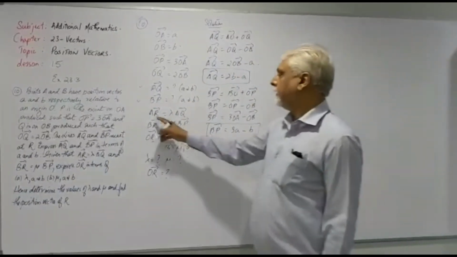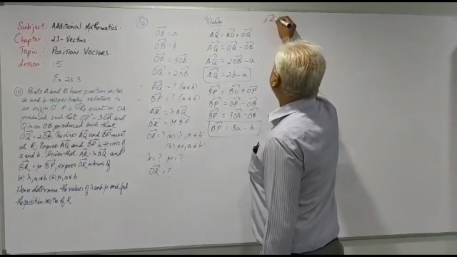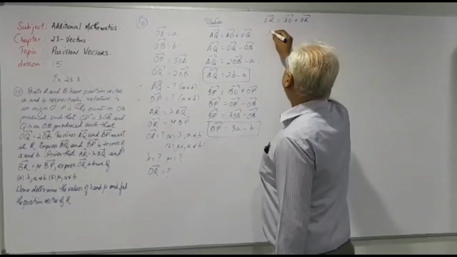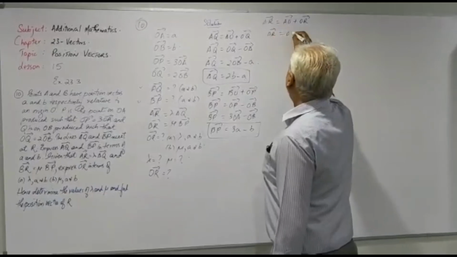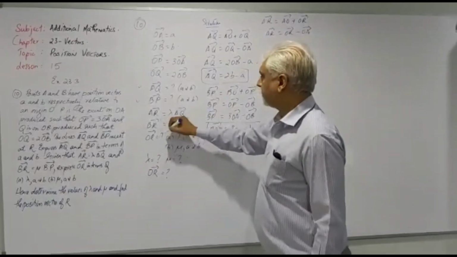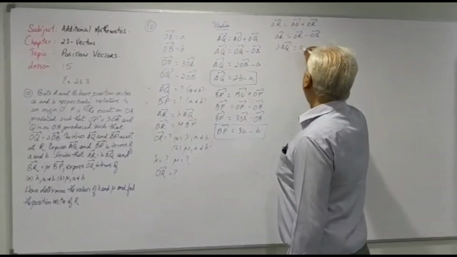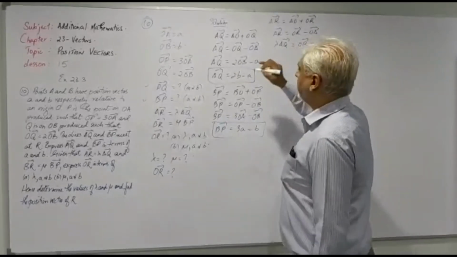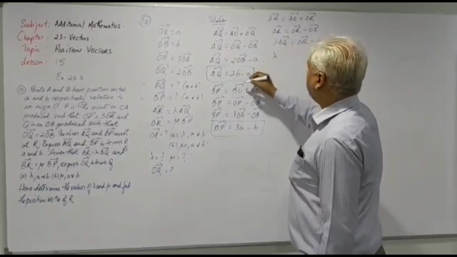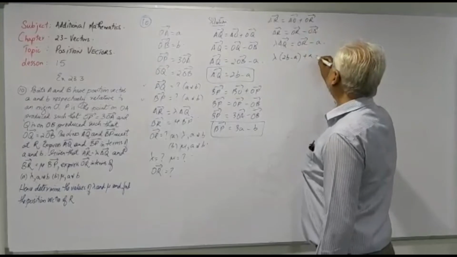Now we find AR. AR is equal to AO plus OR. Or I can say AR is equal to OR minus OA. And what is AR? AR is equal to lambda AQ. Lambda AQ is equal to OR minus OA, which is A. And lambda AQ we know is equal to 2B minus A. Bring minus A to the other side, plus A is equal to OR.